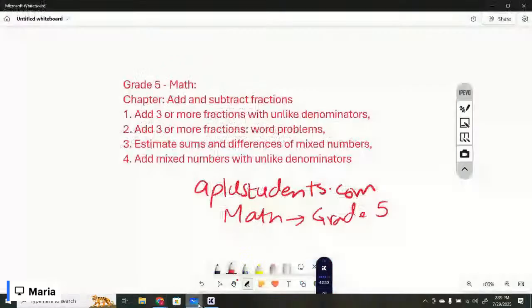The lessons we have covered today are add three or more fractions with unlike denominators, add three or more fractions word problems, estimate sums and differences of mixed numbers, add mixed numbers with unlike denominators. So please make sure before the next session you can complete all the practice questions for the lessons we just did. That is your homework until next session.